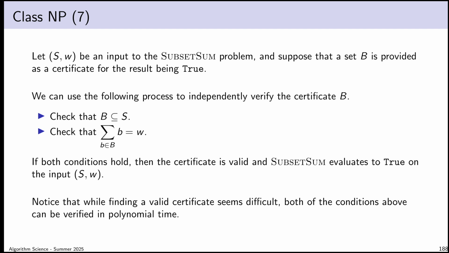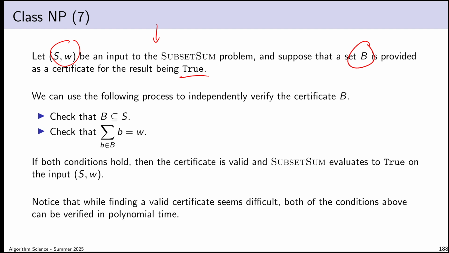Okay, so I want to do something a bit more formally with respect to certificates. So consider an input S, W to the subset sum problem. And suppose that you provide me with a set B as a certificate that the result is true for this input. I want to justify formally that I can verify the certificate to demonstrate that your answer actually is true in polynomial time. Here's how I would do this.